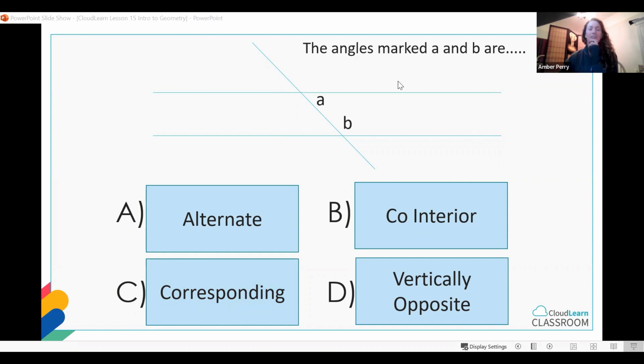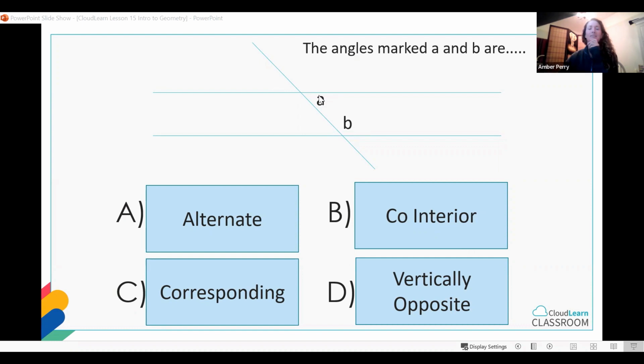Okay, having a look at these ones, are they A, B, C, or D? Cast your votes. Okay, so they are both inside and they're on the same side, okay?